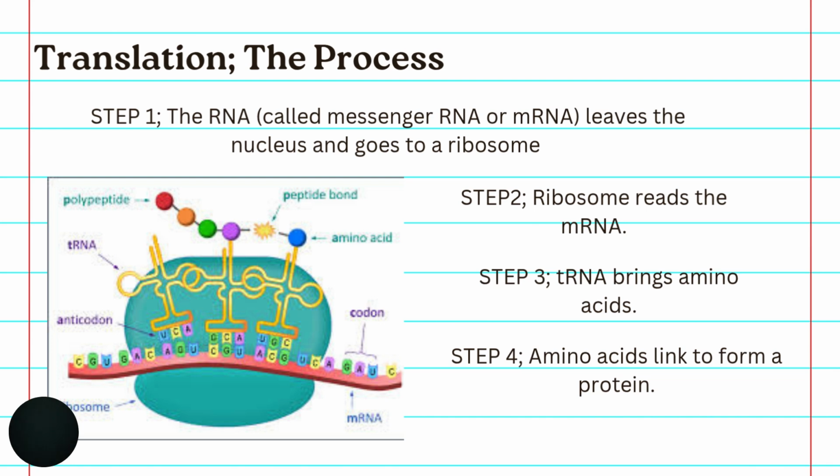What is the kitchen? The ribosome or ribosomal RNA. It goes to the ribosomal RNA and is like, here is a recipe I found in the nucleus that was given by DNA. DNA had the recipe, and I took it. And now the ribosomal RNA is like, okay, let's make this protein, let's make this cake.